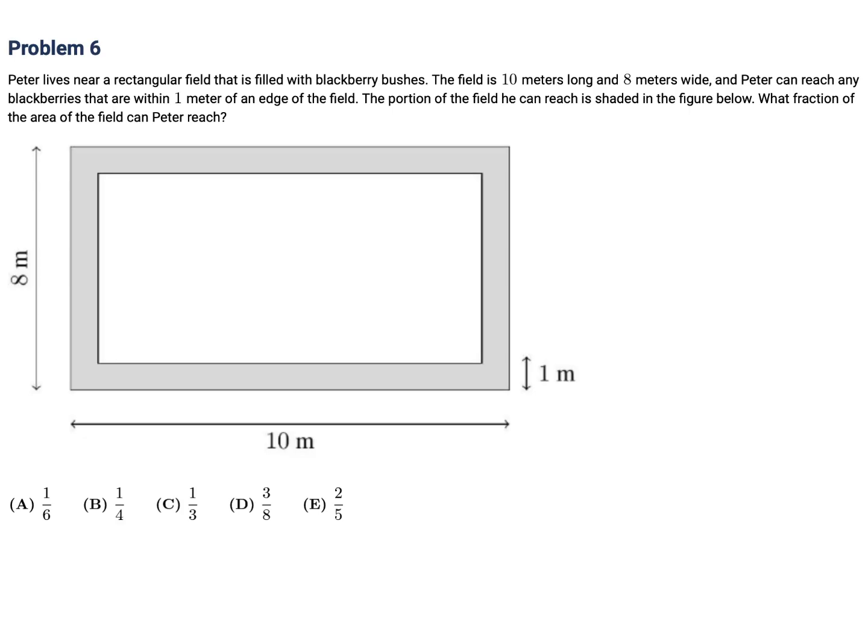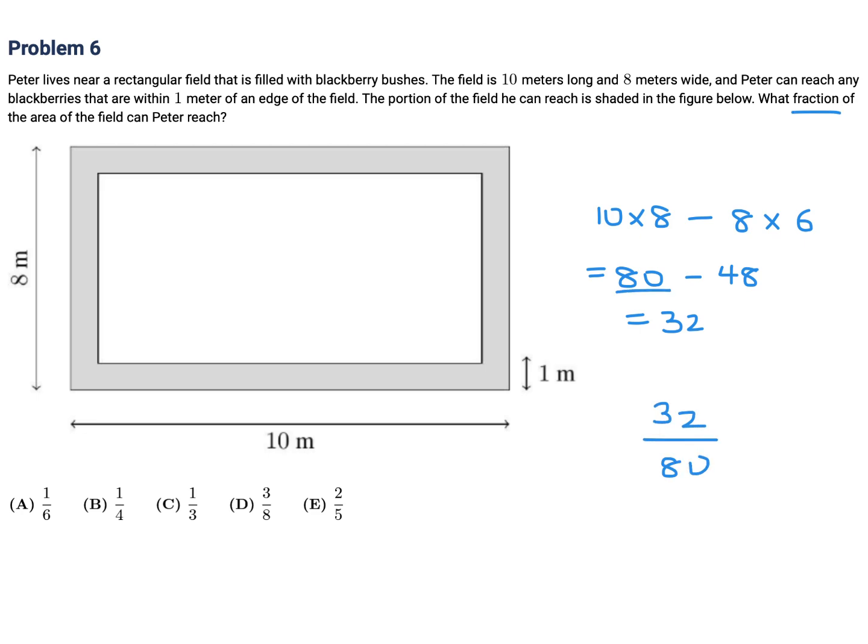Well, it looks like he can reach the shaded area, so that would basically be the full area, 10 times 8, minus the inner part, which is 8 times 6. So that's 80 minus 48, which is 32. But they're not asking for 32. They're asking for a fraction. So we have to divide that 32 by the total, which is 80. And that is 4 over 10, which is 2 over 5, which would be E.